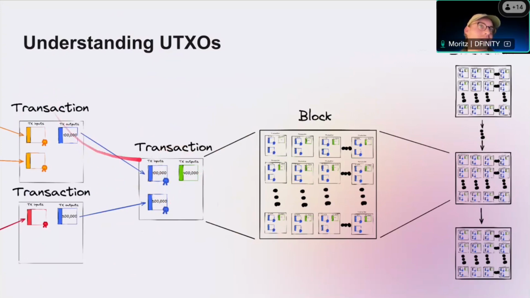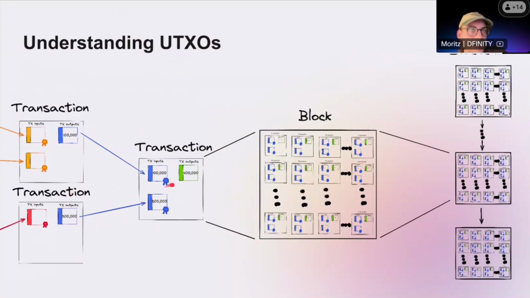As you can see, the inputs to Alice's current transaction are outputs from previous transactions. So if you want to create a transaction on the Bitcoin network, you have to spend UTXOs, and obviously you can only spend UTXOs that you own. Every UTXO has a public key associated with it, and you can prove that you have the authority or the right to spend those UTXOs by creating a signature that's associated with the public key attached to the UTXO.